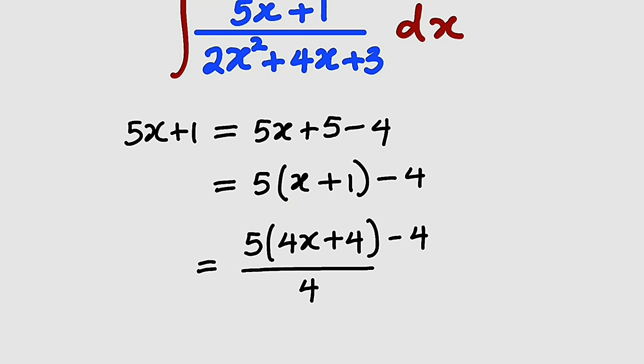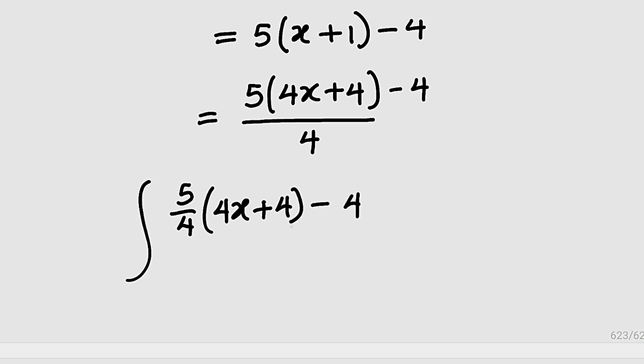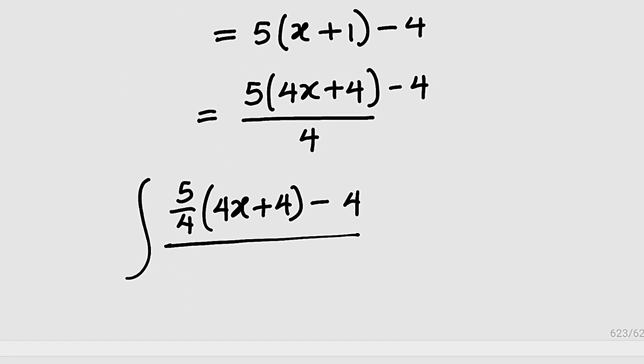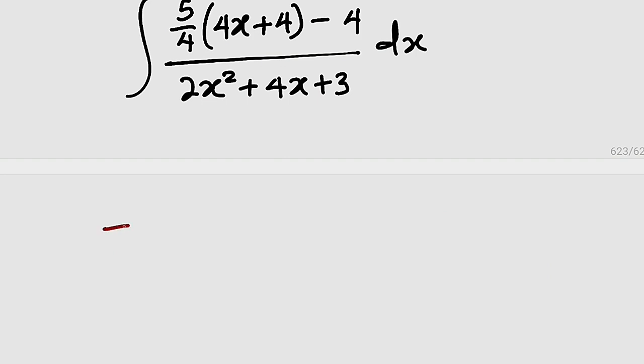So let me replace our numerator with this. So therefore we have the integral of, I can now even write it as 5 over 4 multiplied by 4x plus 4, right? Then minus 4. Our denominator is still 2x squared plus 4x plus 3 with respect to x. Now let us split this fraction because we have 2 terms here. So this is the same thing.